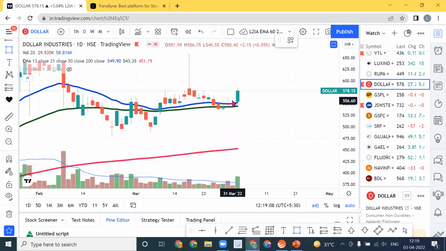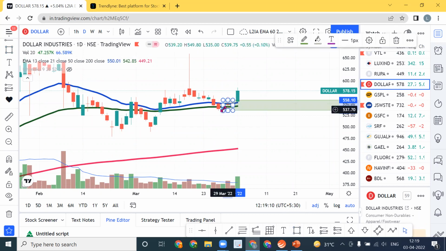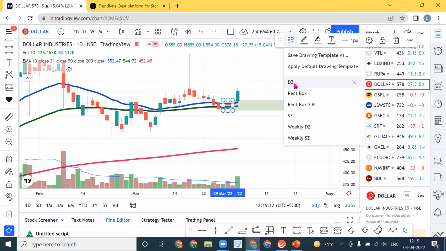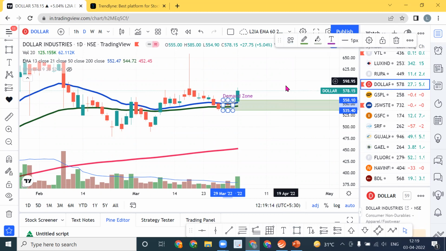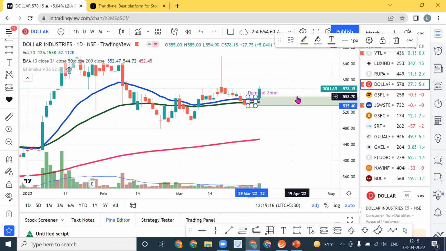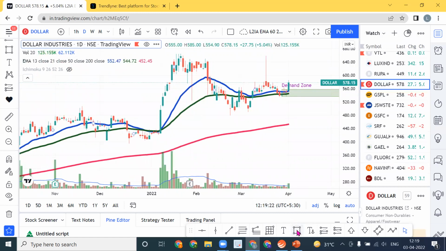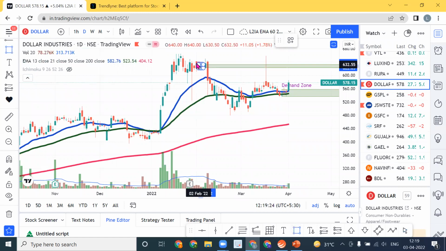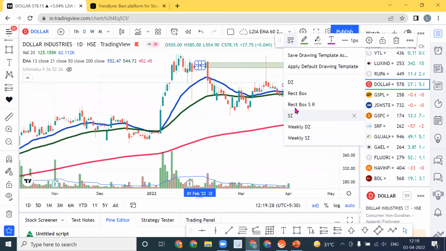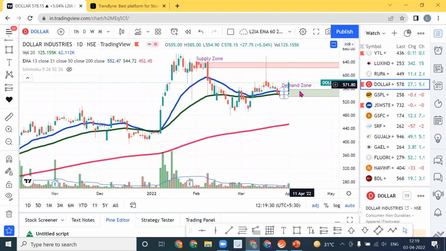So I can pick it up over here. I'll mark this as a demand zone. The high can be here. Okay, so this is the range of the stock.